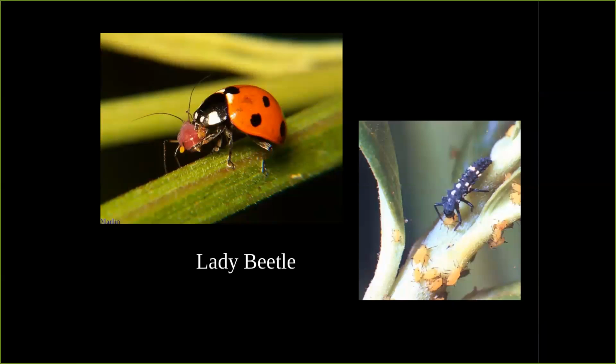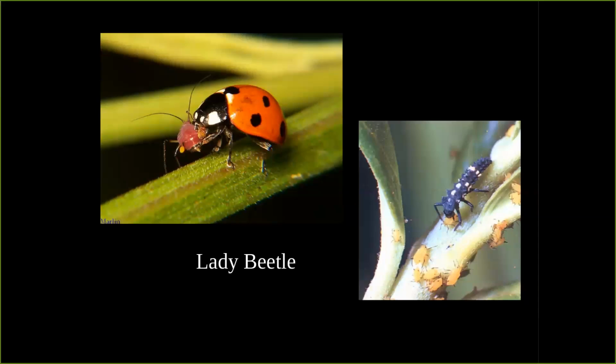Also, people may be already familiar with the lady beetles that actually eat aphids on your plants. But the one thing you might not be familiar with is the larvae of the lady beetle. On the right here it looks a lot different than the adult, but it is also a voracious feeder of aphids.